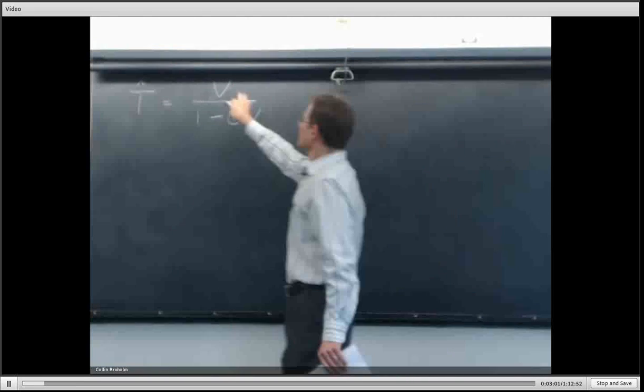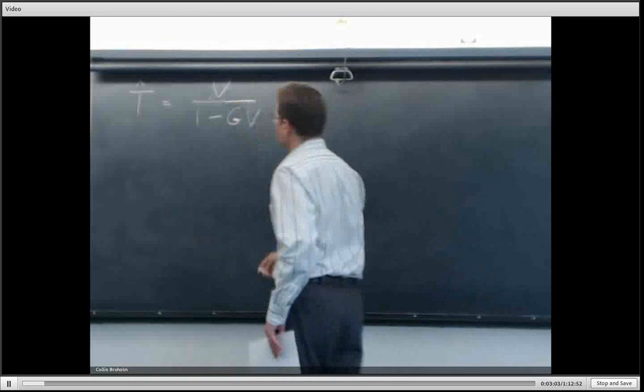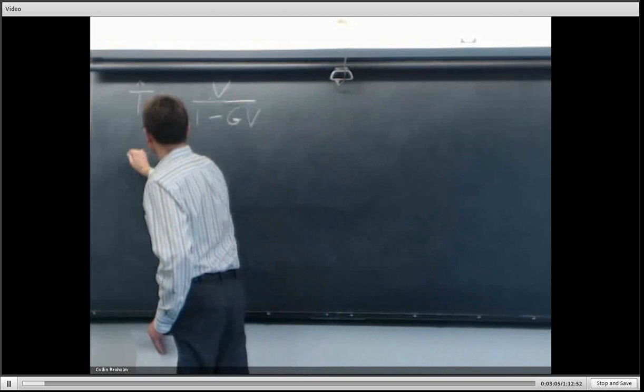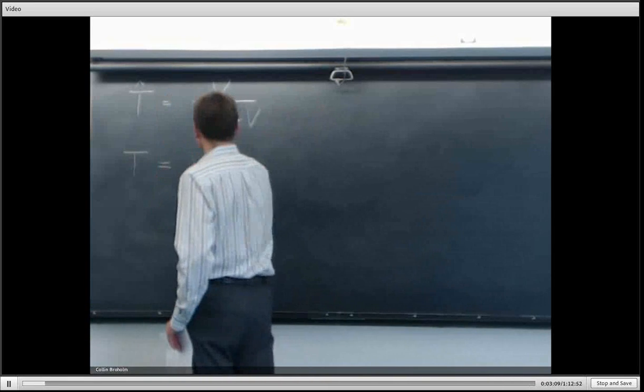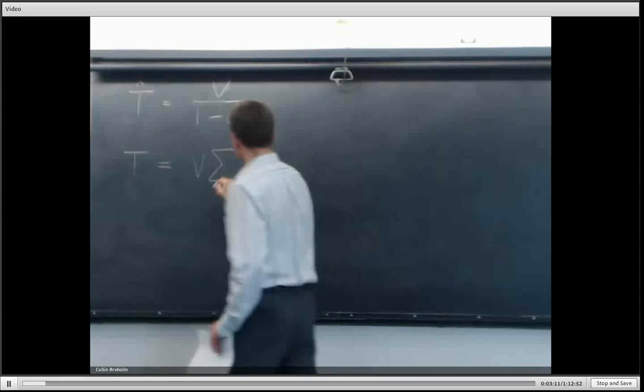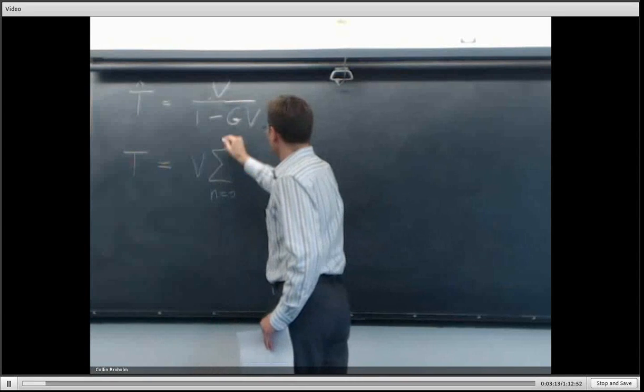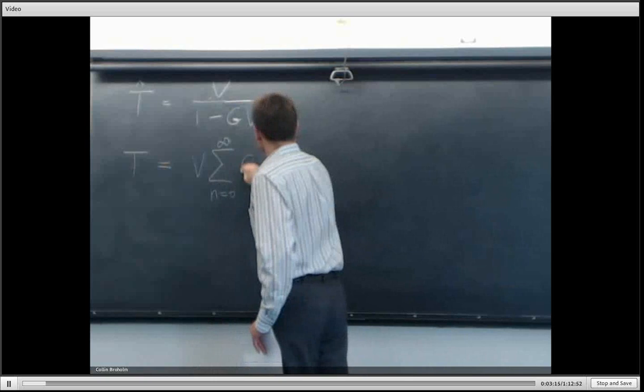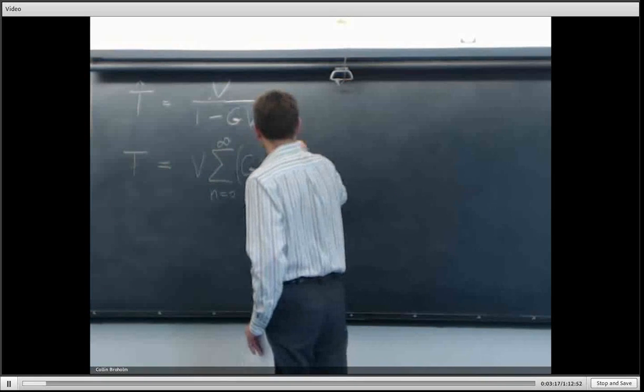And we actually looked a little bit at this expression and were able to develop something that we call the Born series, where the T operator is written as V times a summation all the way from 0 to infinity of GV quantity to the nth power.